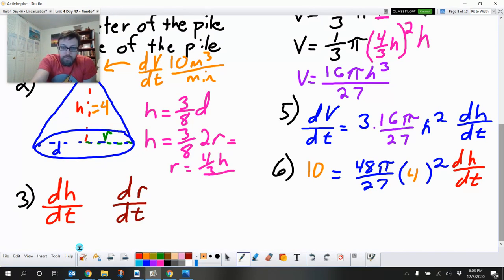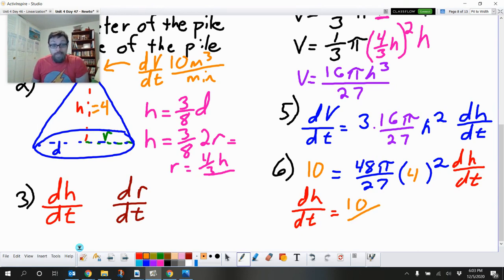Okay. So now it's just a matter of plugging and chugging to get this thing all by itself. I'm going to bring that dh over dt, the thing that we're trying to solve, first. It's going to equal 10 divided by all that gobbledygook on the other side. So 4 squared is 16, and if I grabbed my calculator, which I did earlier, I'd get 16 times 48, which is 768 pi over 27 when I divide it to the other side.